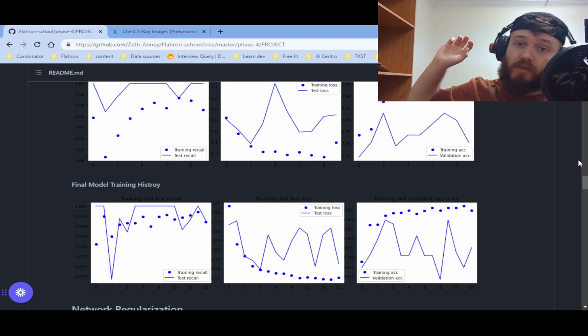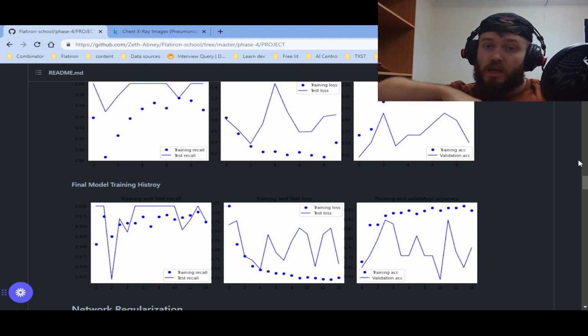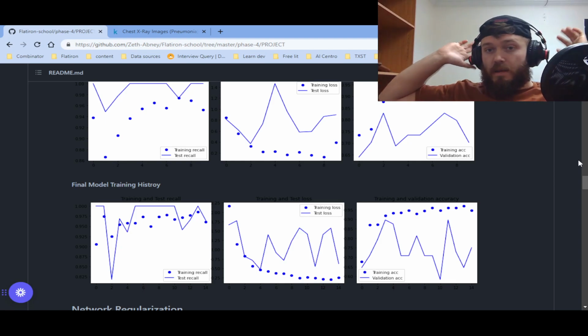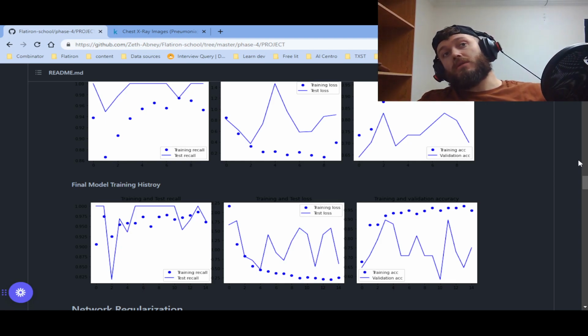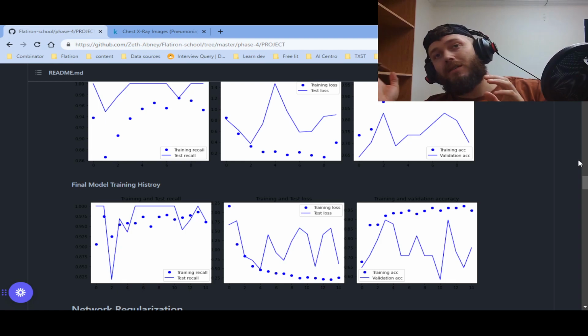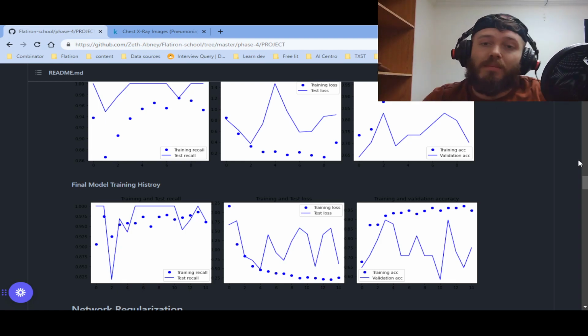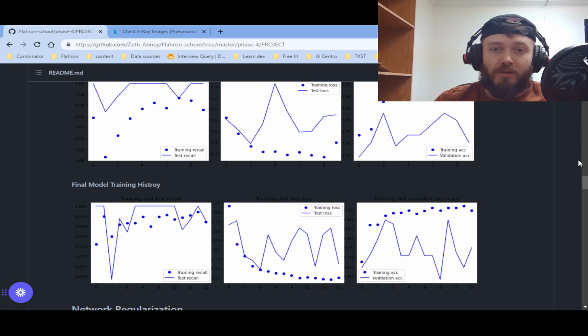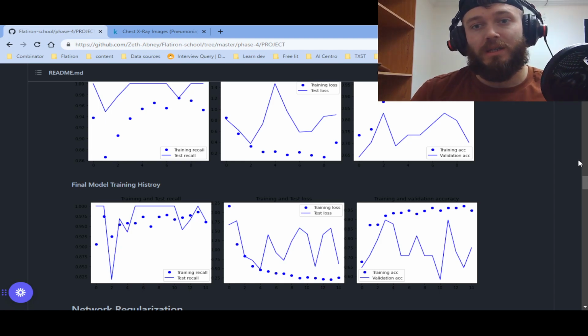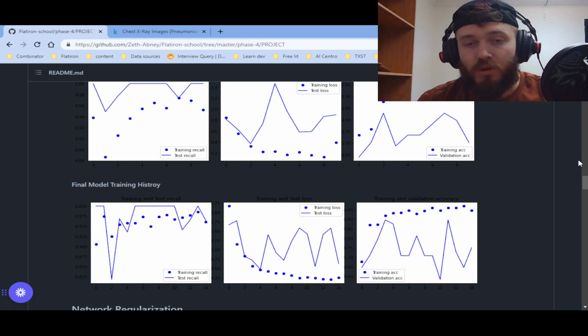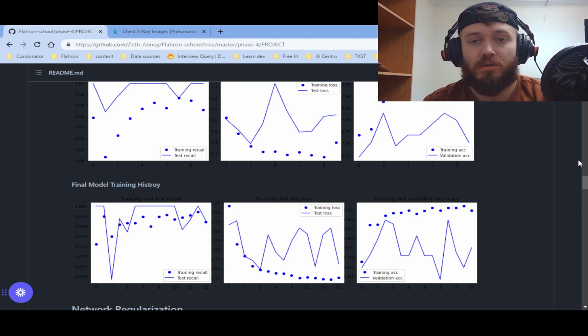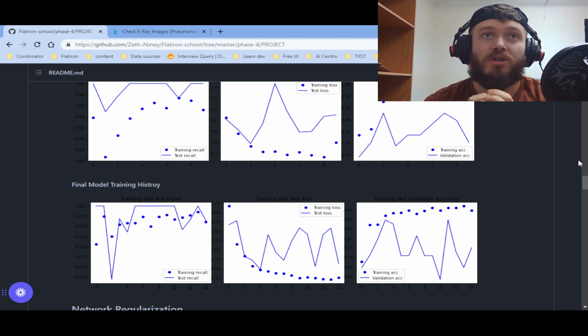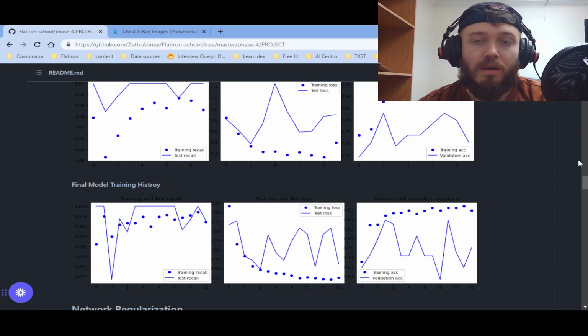I'm talking values like 70, 600, just bizarre loss function values. So the game throughout the whole iterative process with this project was basically how do I get the loss function as close to 0 as possible while still keeping the recall close to 1.